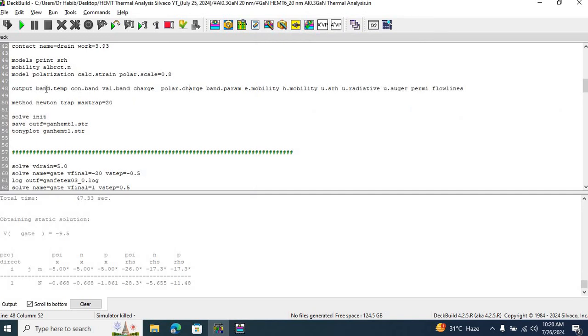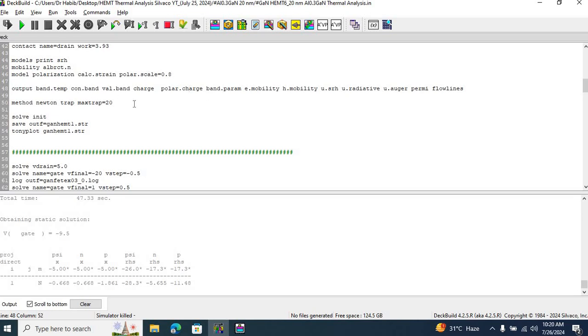Then we want to look at different output parameters, the energy levels, the current flow lines, etc. I have employed the Newton method for the numerical calculation of my semiconductor HEMT device. There are several numerical methods. There is a Gummel method, there is a Newton method, there is a block method.